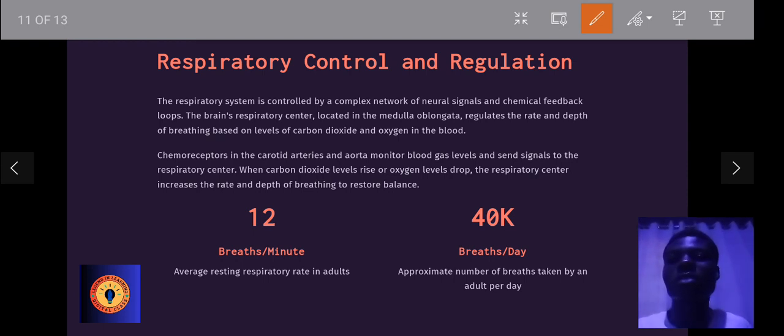That's the average resting respiratory rate in adults, and the approximate number of breaths taken by an adult per day. So per minute is 12 breaths, but per day we can take about 40,000 breaths. This is just by the way.